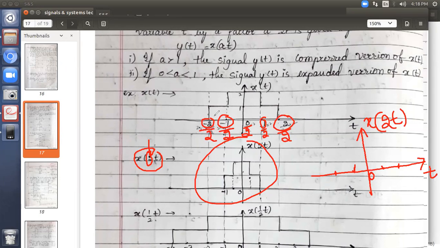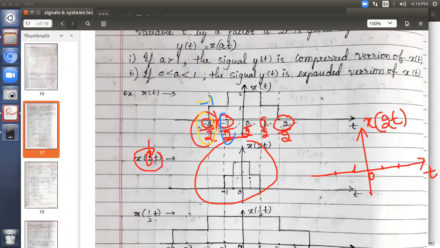Then the second step, try to calculate this value. It will be -2 by 2, which will be equal to -1. So at -1, I will write it here with a different color, so you will understand. This new value is -1.